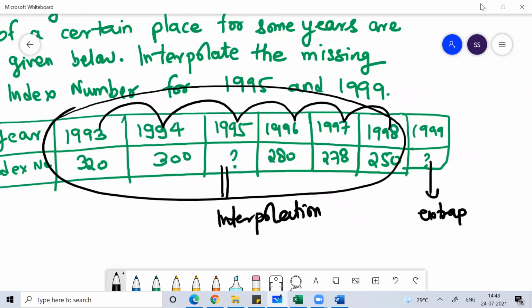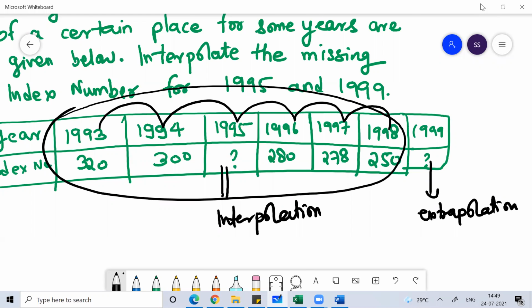Clear, everyone? To find the value within the range is called interpolation. Outside the range, to find that value, we follow extrapolation. I hope that's clear with all of you.